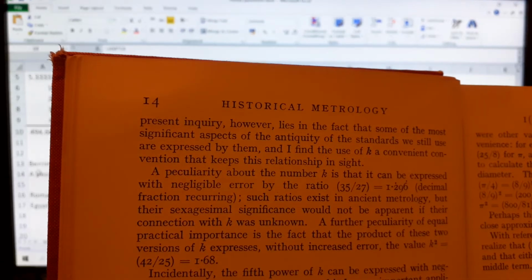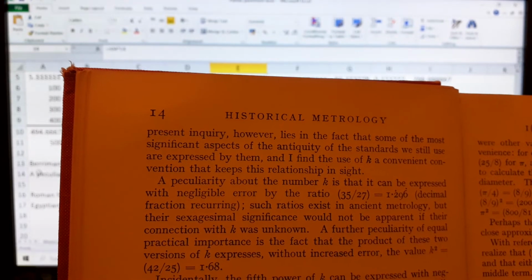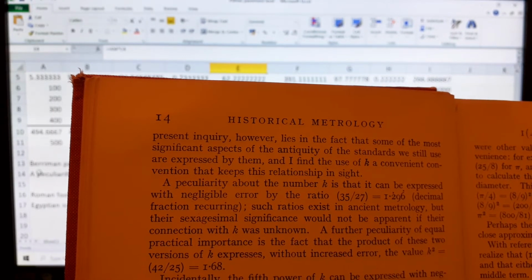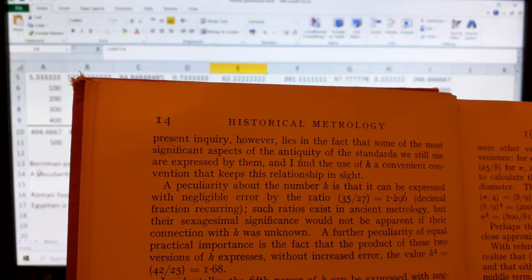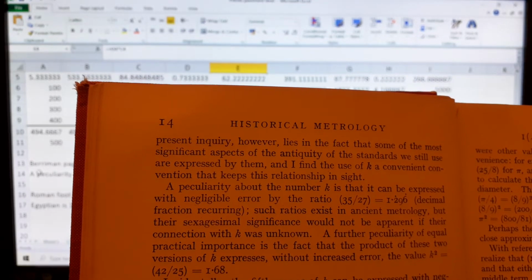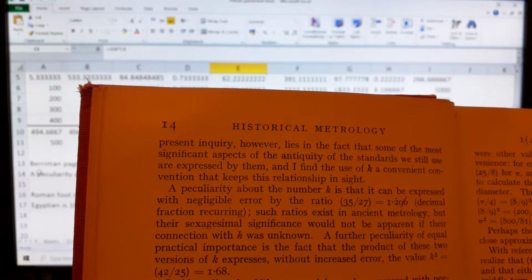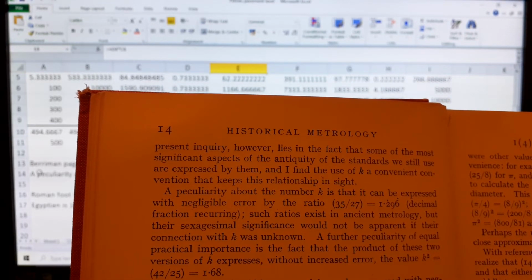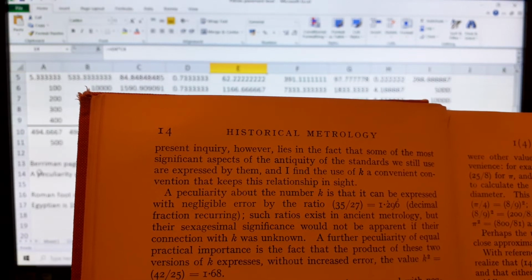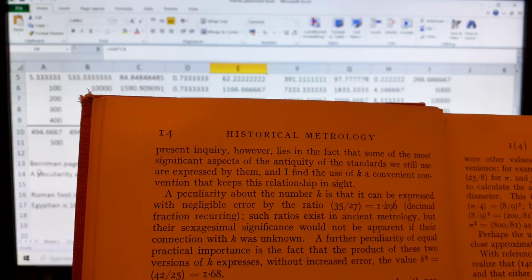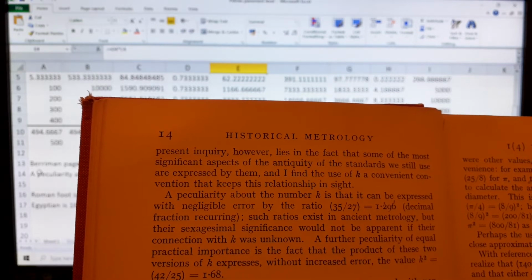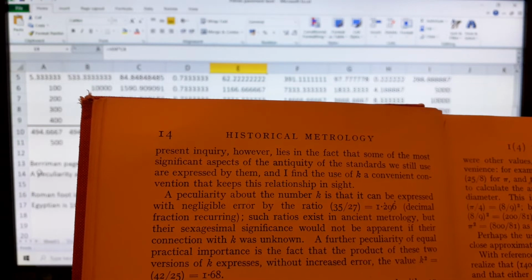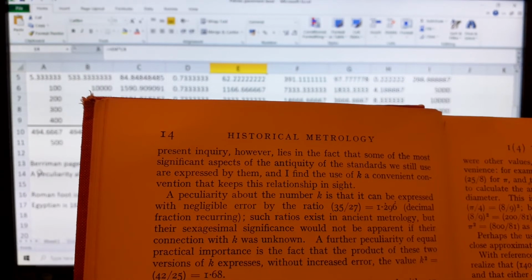Let's get a bit closer. I don't know if you can see that. I hope you can. He says, a peculiarity about the number k is that it can be expressed with negligible error by the ratio 35 divided by 27, which equals 1.296, decimal fraction recurring. Now mathematicians will understand that. It didn't mean anything to me when I saw it.